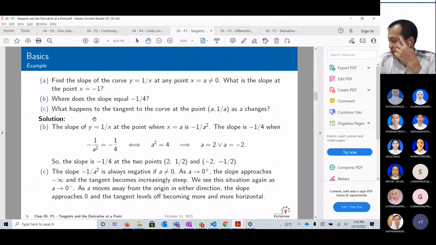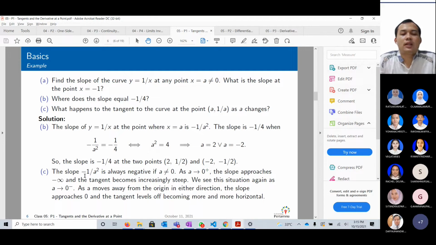Okay. Now, what happens to the tangent to the curve at the point a, 1 over a as a changes? Apa yang terjadi terhadap kemiringan kurvanya pada titik a, 1 per a ketika nilai dari a-nya berubah? We see that the slope is actually minus 1 over a squared.